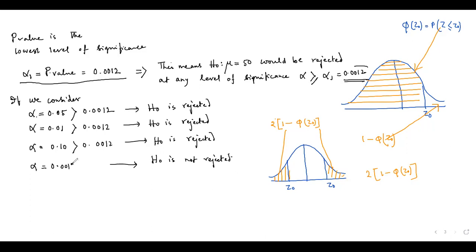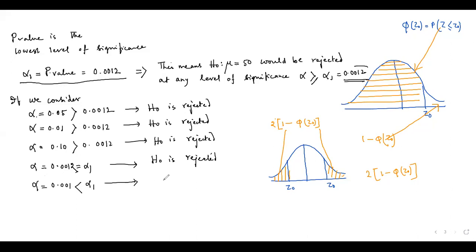Suppose I'm considering my alpha at 0.0012, and this is equal to alpha 1, my null hypothesis is rejected, no problem with that. But if I consider my alpha to be 0.001, this is actually less than alpha 1, because alpha 1 is 0.0012, it is larger.